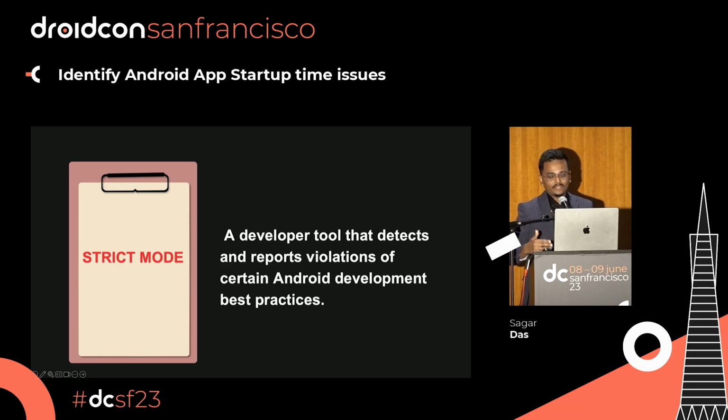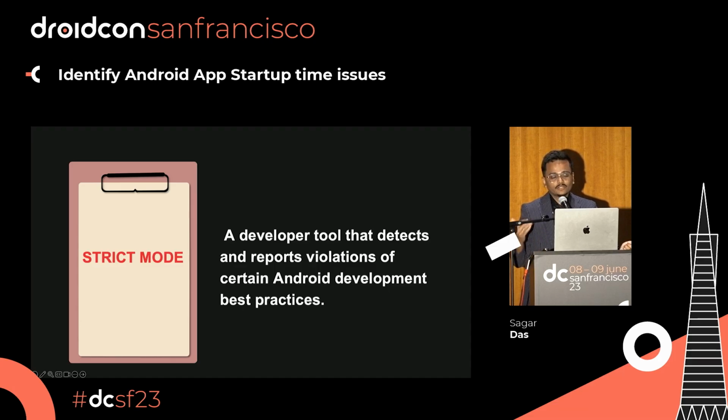And if you violate that, then there should be some sort of penalty, because there is no saying what would be the outcome if you do not use the library as intended. So strict mode is a developer tool which comes bundled with the Android SDK that can help you identify disk and network access on the main thread, leaked resources, and unsafe operations.